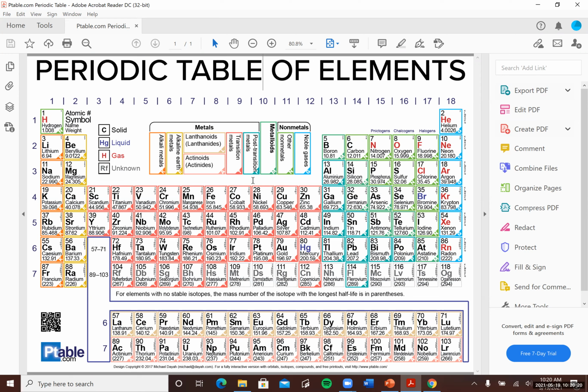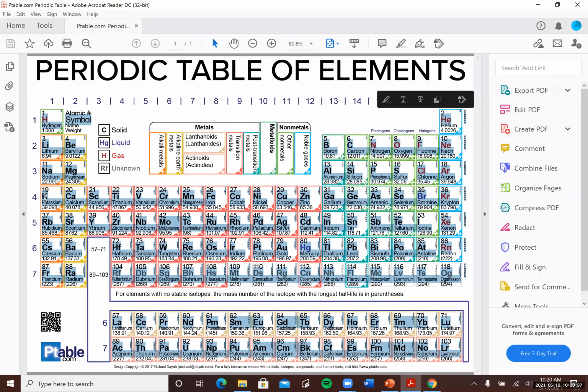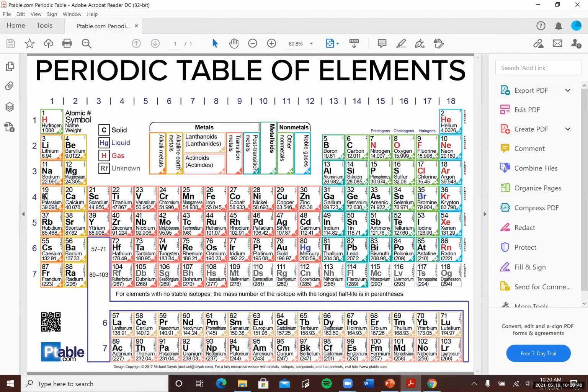So you have the 1s squared, the 2s squared, the 2p6, 3s, 3p6, with aluminum all the way to argon. And then the 4s starts to get filled next with potassium and then calcium. That would be 4s squared. And then the 3d starts to get filled, 3d 1, 2, 3, and so forth.